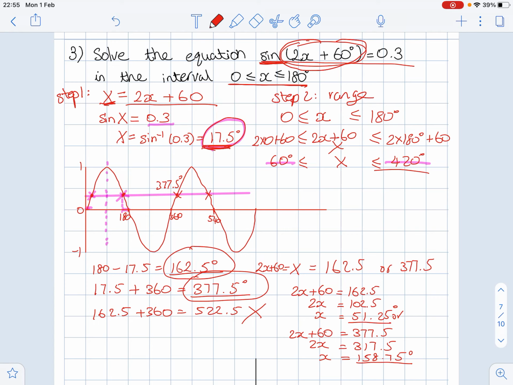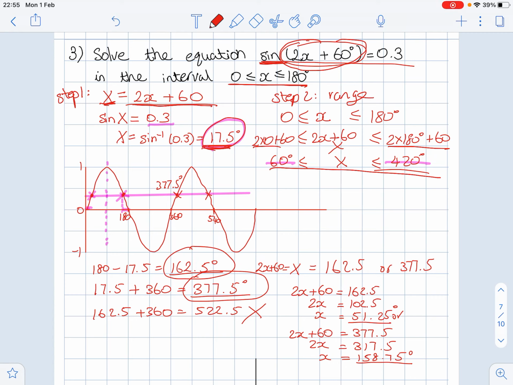So I need to do the same thing to both sides. So this is the new interval. So I need to multiply the x by those two values. Then I find my new range. Then I'm going to sketch my curve, then find my values.